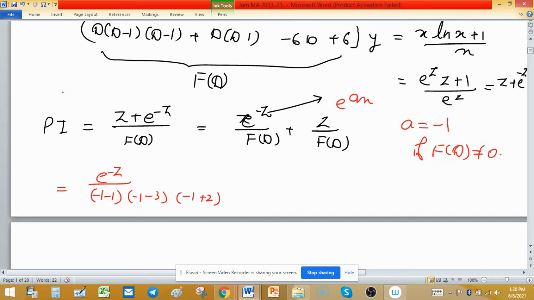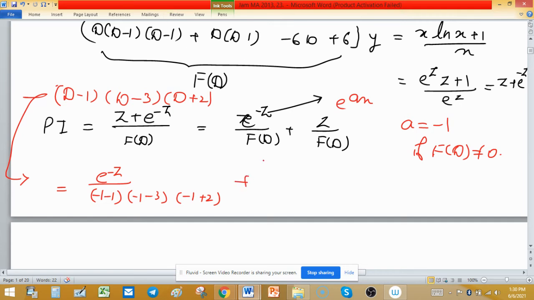Or this f(D) can be written in terms of factors. So you can write (D minus 1)(D minus 3)(D plus 2). So I use this line to write this one. You can use this one also.